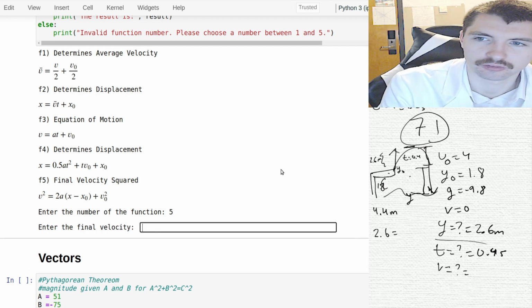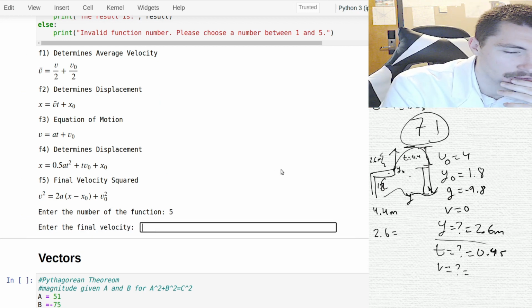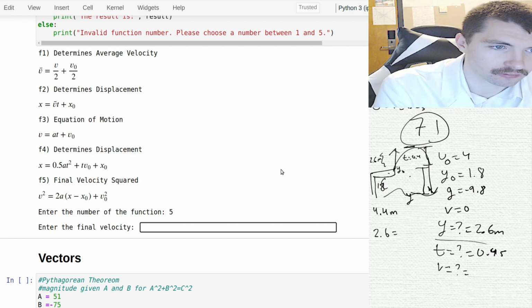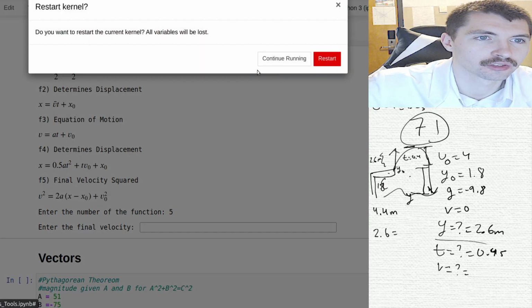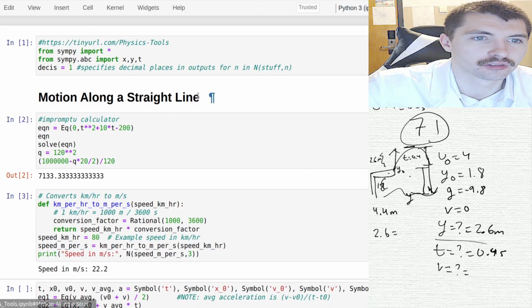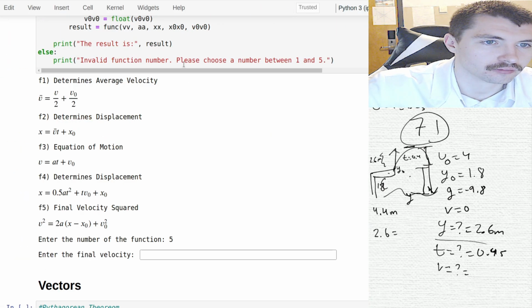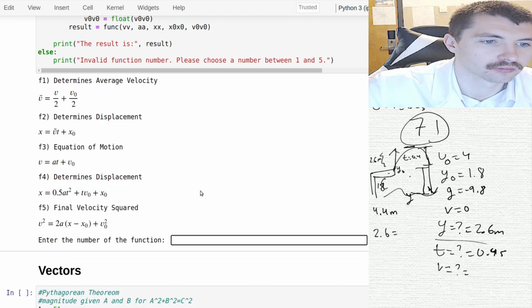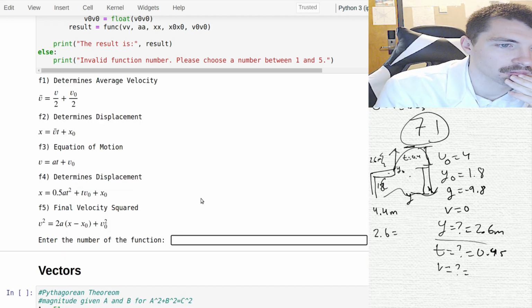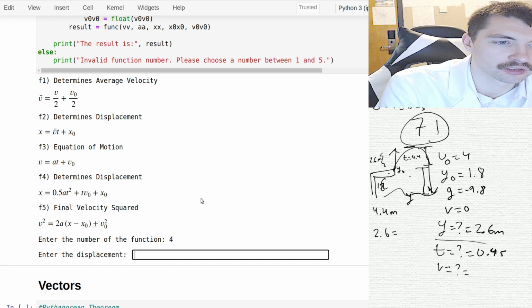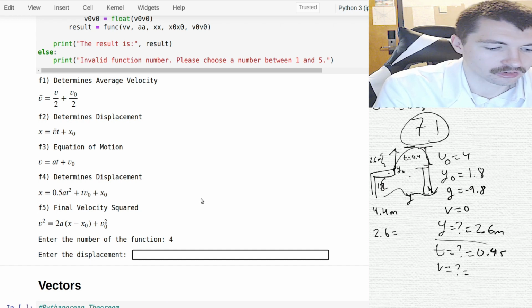Equation 5. Final velocity, I don't want to do that. Full time in the air. So let's try equation 4. Displacement is 2.6.